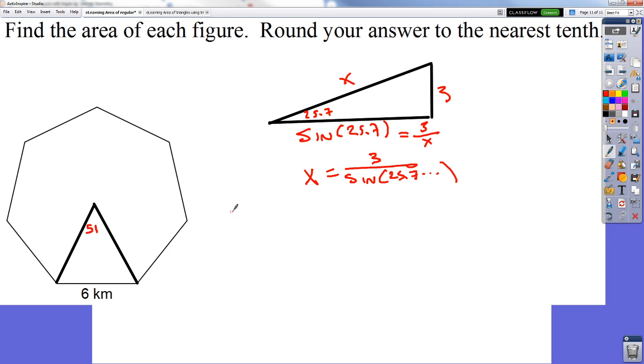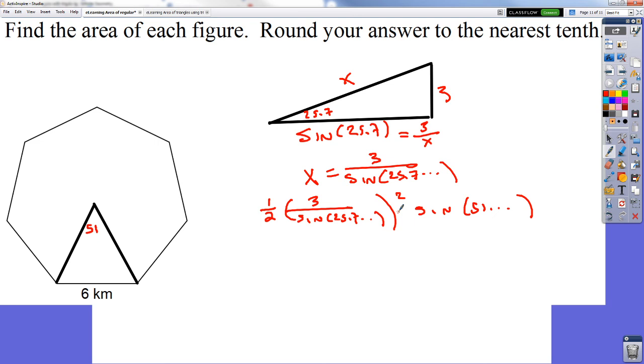So there's our radius. And we're just going to do in the calculator 1/2 times 3 over this sine of 25.7 something, squared, times the sine of 51 gross something. And then that is going to be our answer.